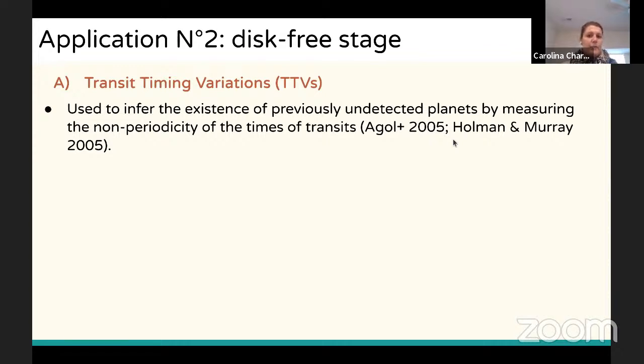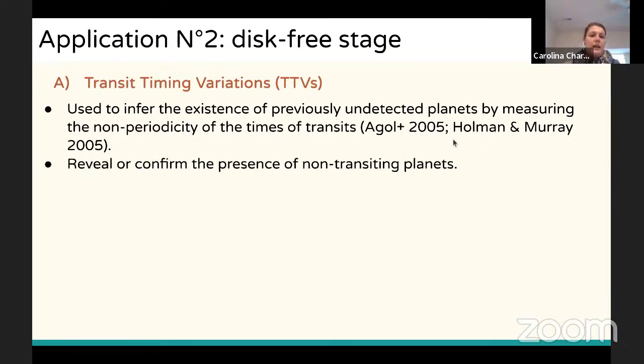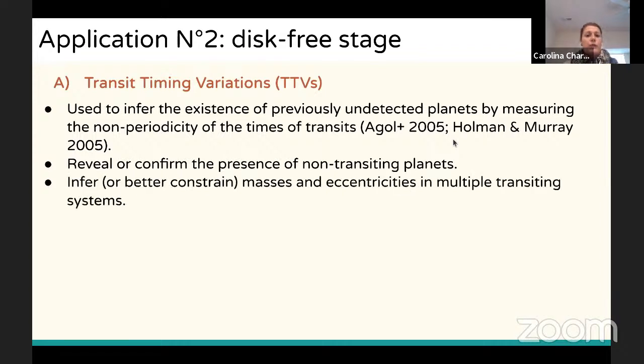And if there is another body in the system, we can detect a variation of this transit. And so this allows us to confirm the presence of non-transiting planets, so planets that we are not able to see, and constrain their masses or the eccentricities.